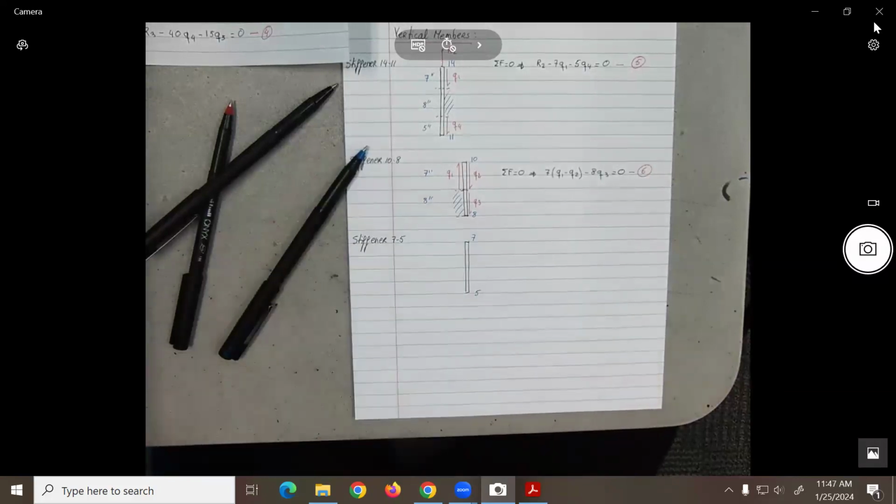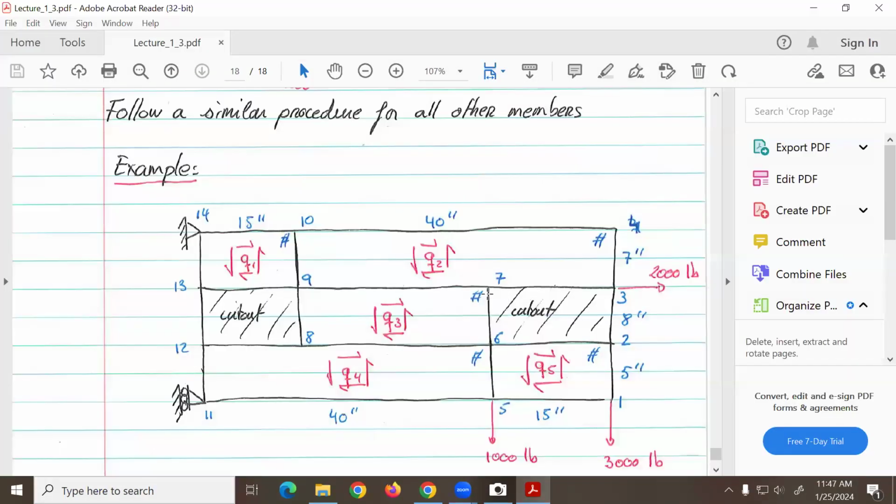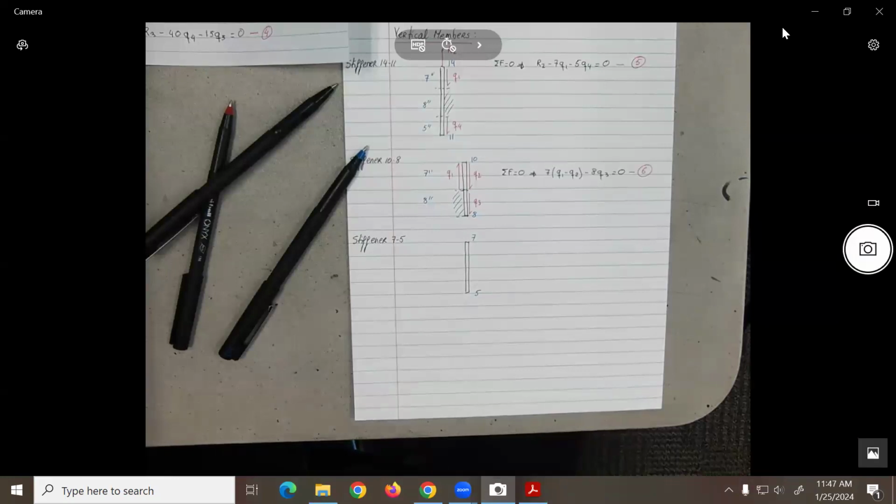So you look at the figure. Let's go back again to the figure. Now we're talking about this one here, no? 7.5, we have the force here of 1,000, cut out over here to the right, then you should have Q3, Q4, Q5.